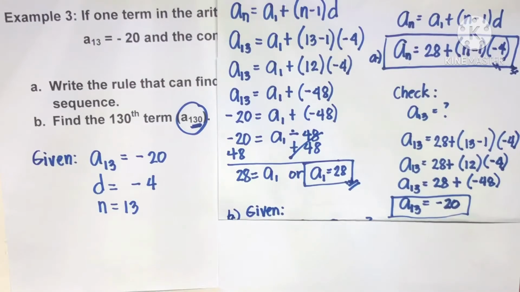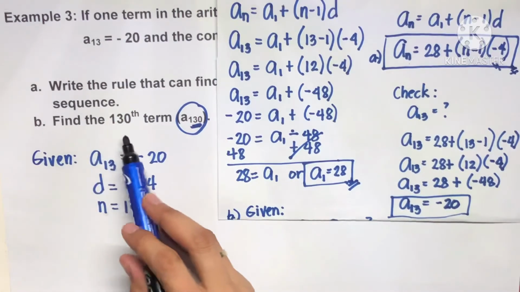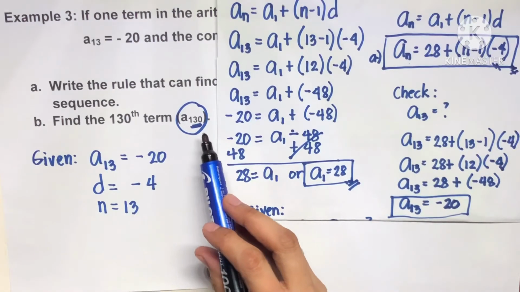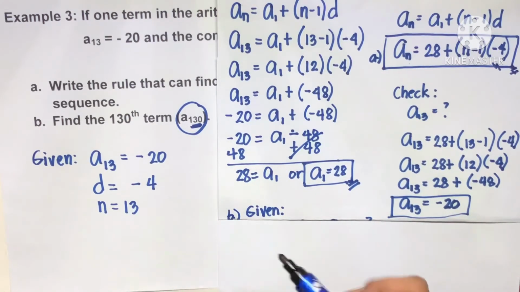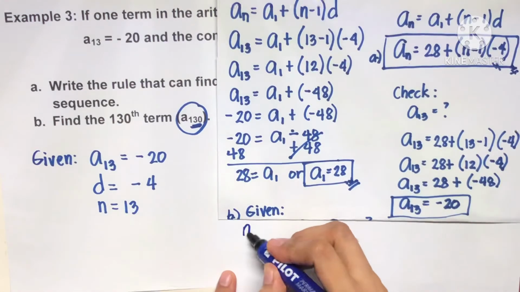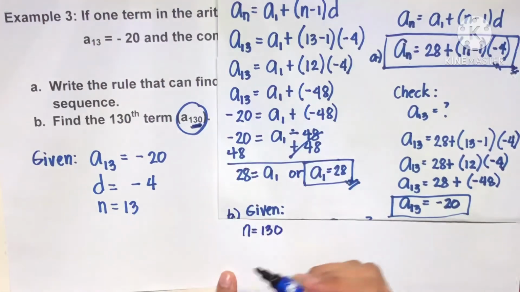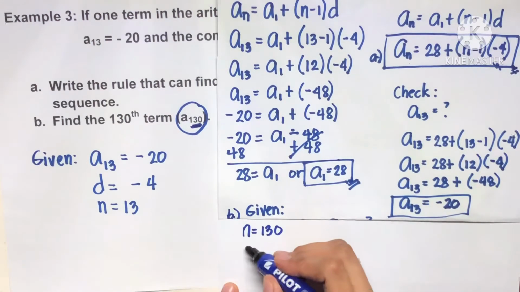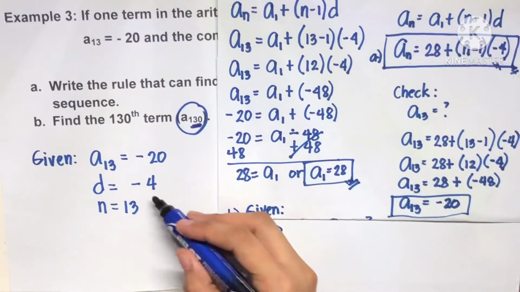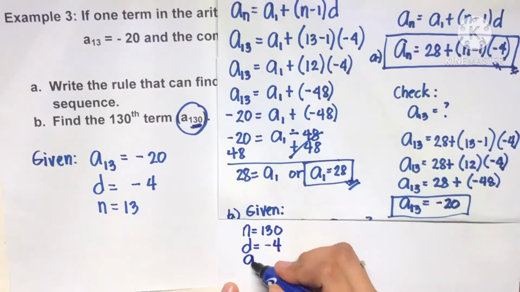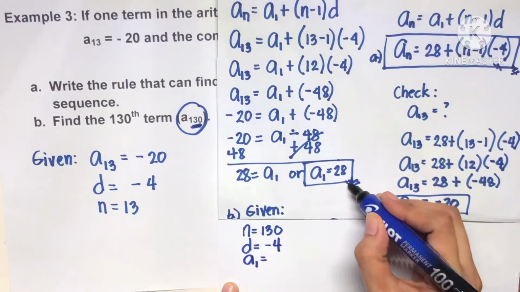So let's proceed to letter B. Find the 130th term, or a sub 130. So we will write first the given. Our n is 130. Our d is already given, which is negative 4. And a sub 1 is equal to 28.